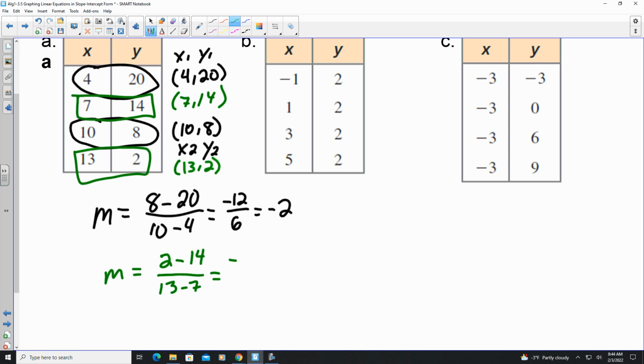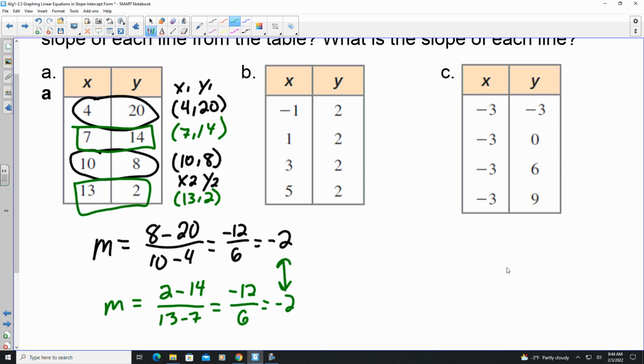This one gives me negative 12. This one gives me 6. I get negative 2. Yep, they're the same. So it just shows that it didn't matter which points we chose on the line. We knew we were going to get the same slope.